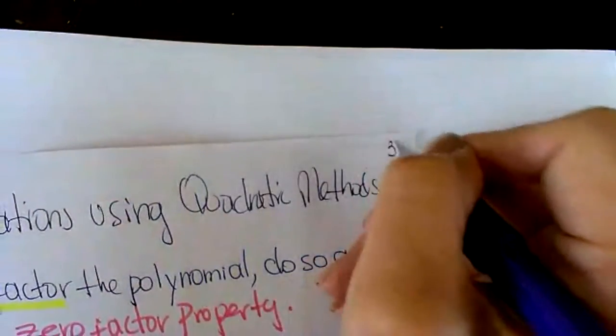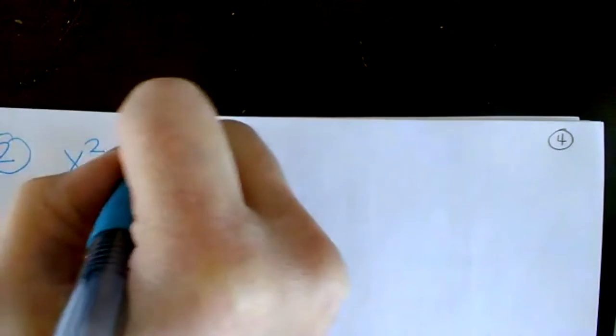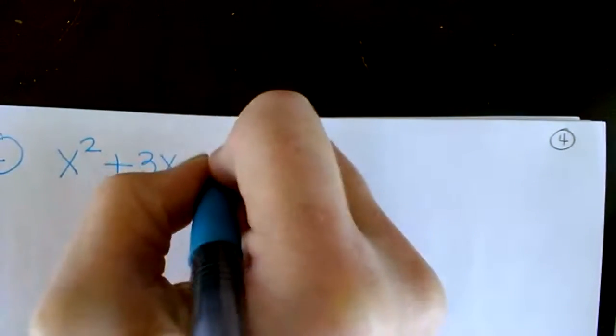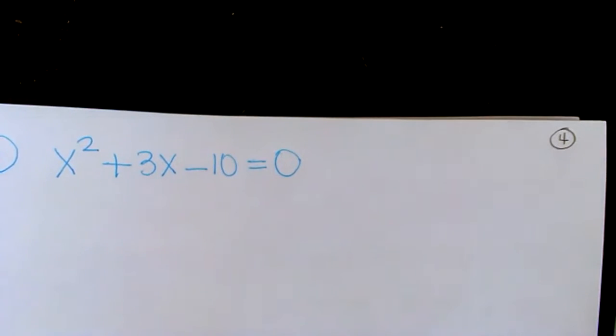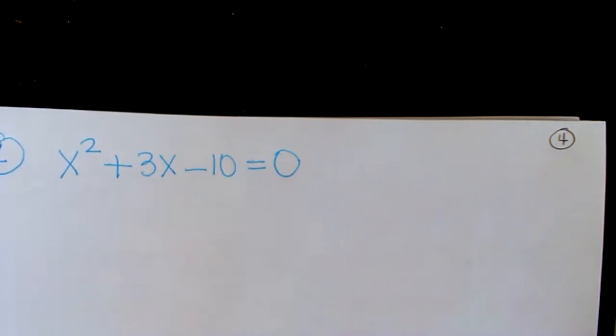Now, x squared plus 3x minus 10 equals 0. So this one, we're going to see if we can factor it, right?